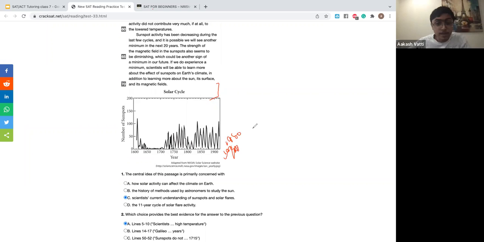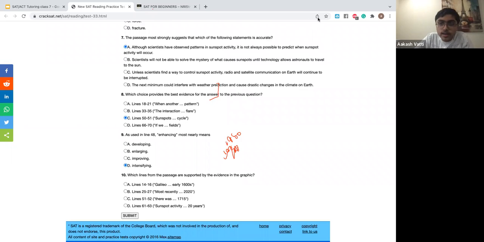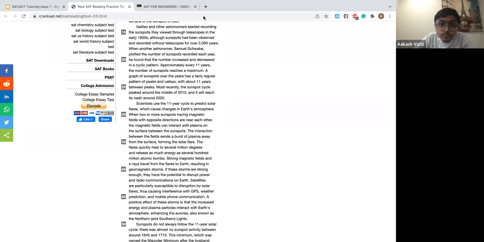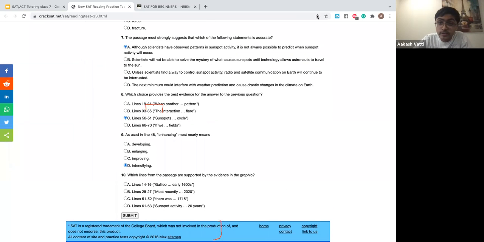So anything past that is just straight up wrong, and we can rule out answer choice B. And C, 51 to 52. Sunspots do not always follow the 11-year cycle. Yes, our graph does support that, because as shown right here, there's almost no sunspot activity between those periods. So C looks like a really good answer.